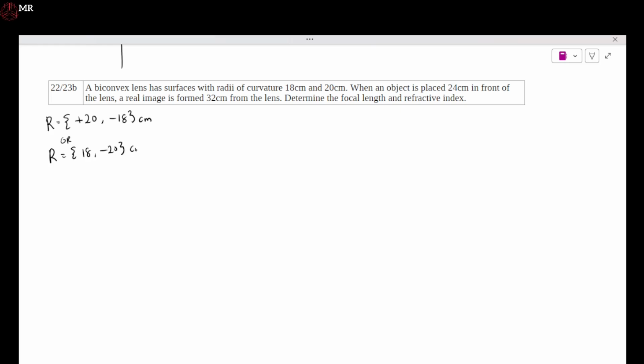Either way, it doesn't matter because it's going to just add up anyway, and in fact I can show that it is going to be the same in both cases.